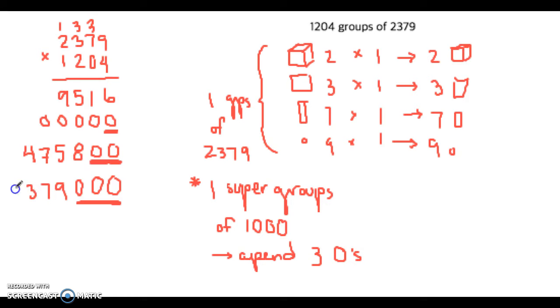And so now what we do is we add all of our values together, because we combined many groups of the same size, and now we need to count the result. And so 6 and 1, 5 plus 8 is 13.